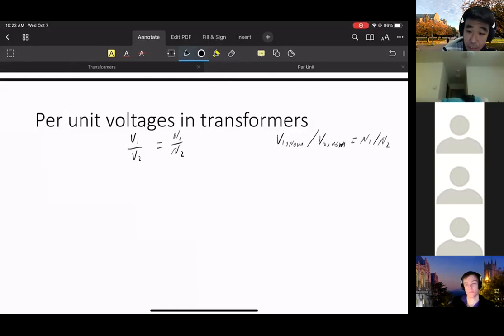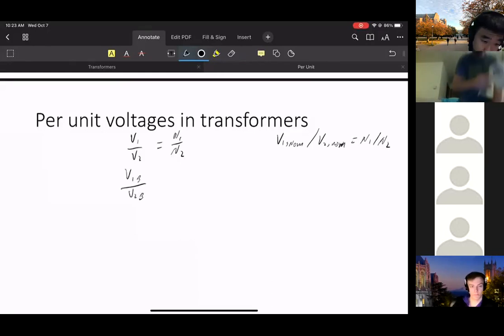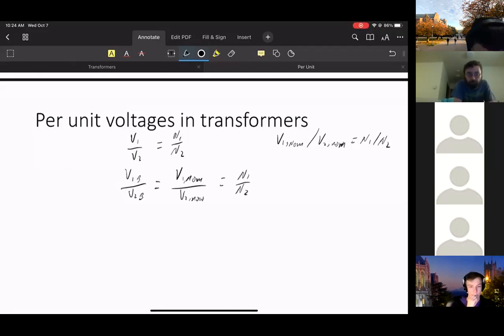The rated voltage ratio is the same as N1 over N2. So what we can do is choose the base voltage to be the nominal voltages. So take the base voltage to be the rated voltage.